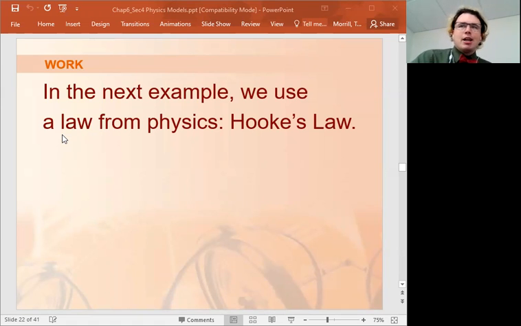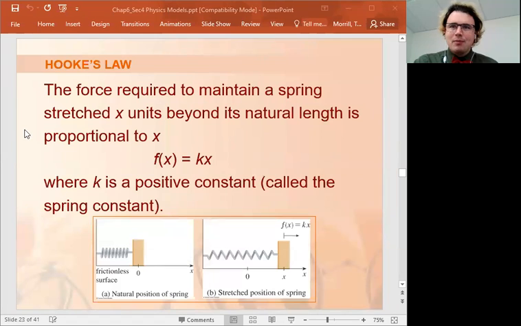A spring exerts more or less force according to how much tension the spring is already under, which will depend on how far the spring is extended. So I can write this as a formula.